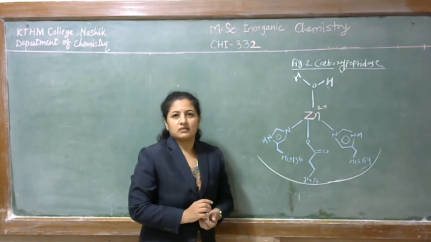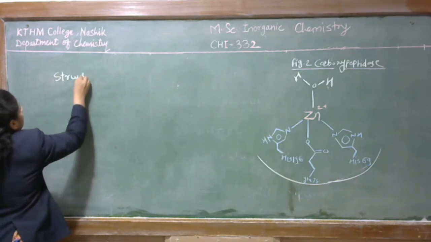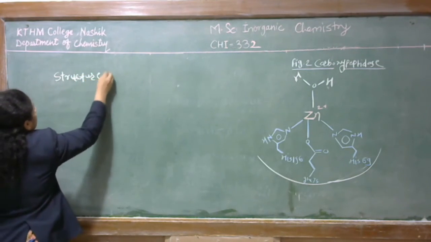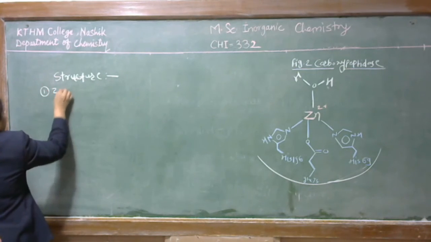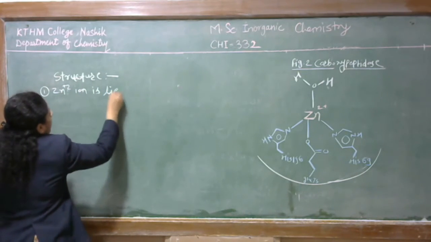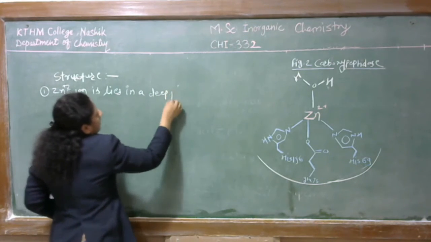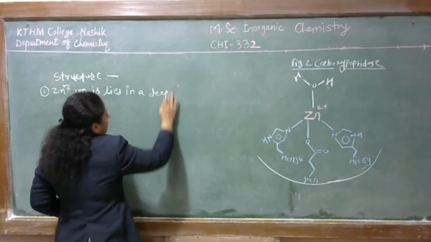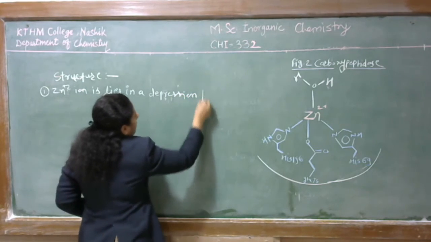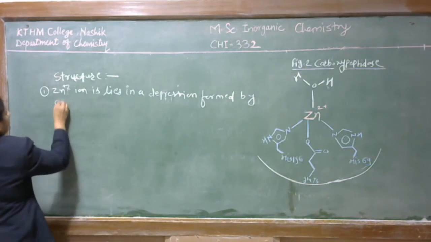So let's discuss the structure in detail. Structure. The zinc ion lies in a deep pocket, or lies in a depression formed by the apoenzyme.